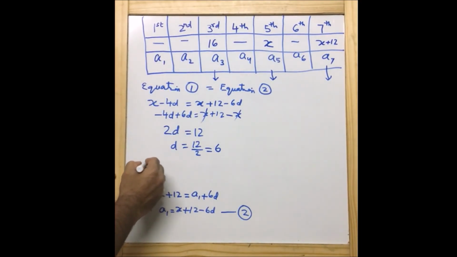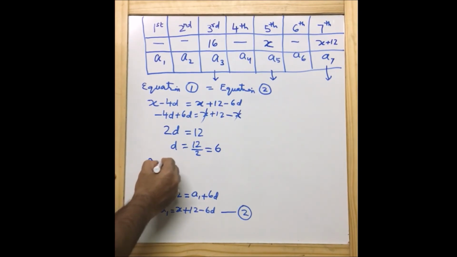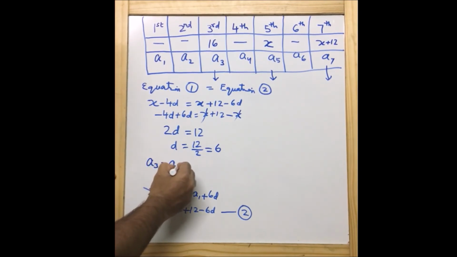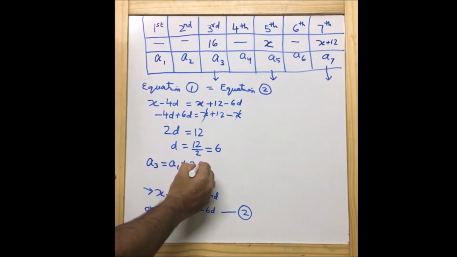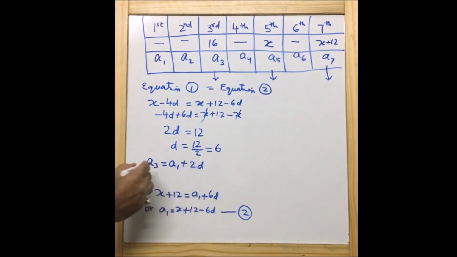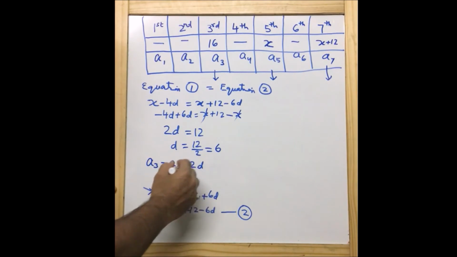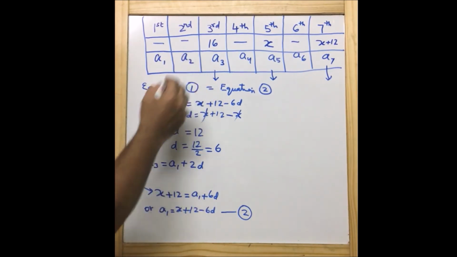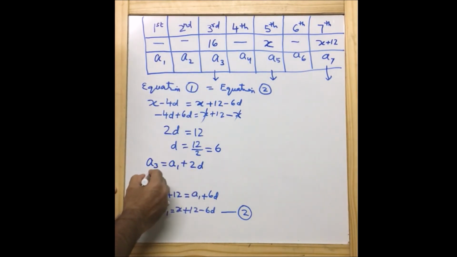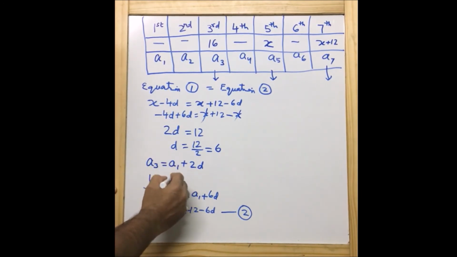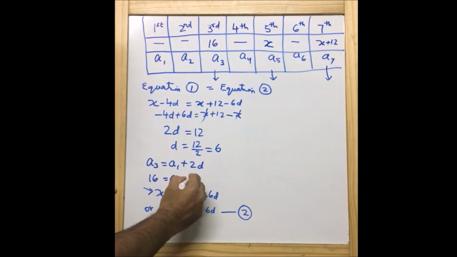Now we know guys that A3 is equal to A1 plus 2D as per the logic. Now I can write A3 is 16, so 16 is equal to A1 plus 2D.